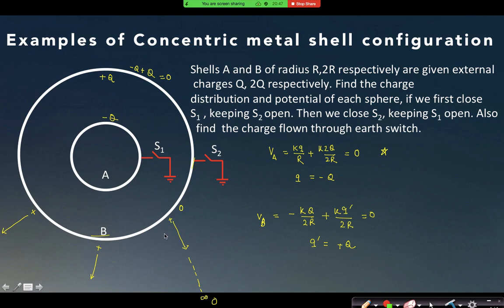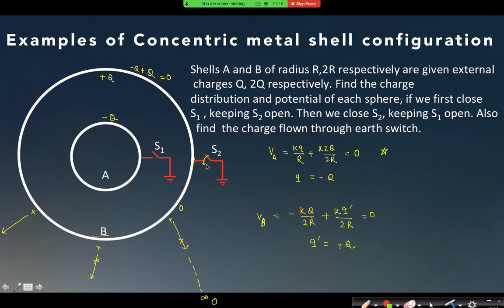If I earth that switch, if I close that switch, what is the potential of the outermost shell? Zero. So if its own potential is 0, then why would the electric field go up to infinity to find a 0 potential? Understood? So no electric field lines will be generated, because they are at the same potential.